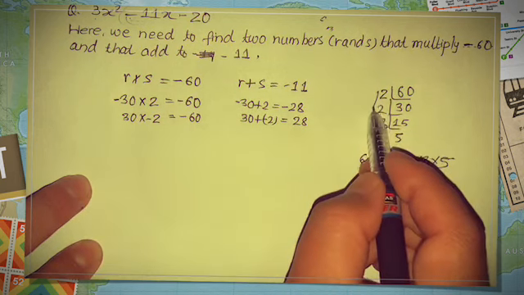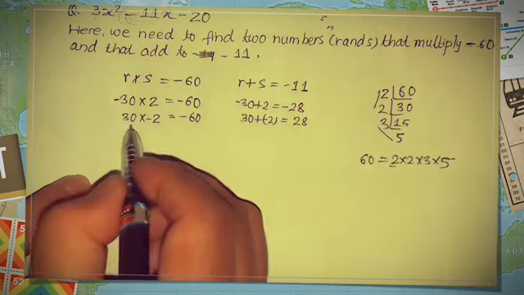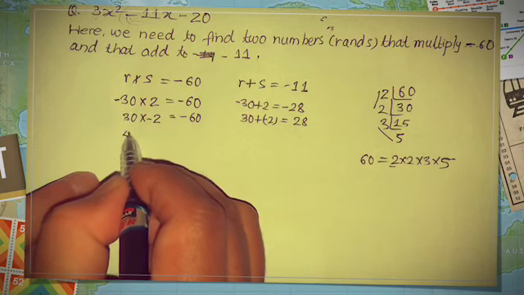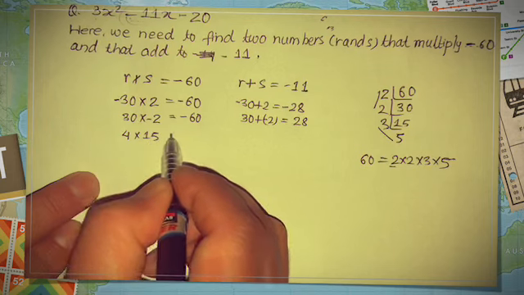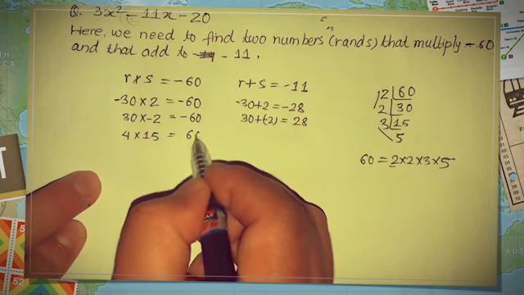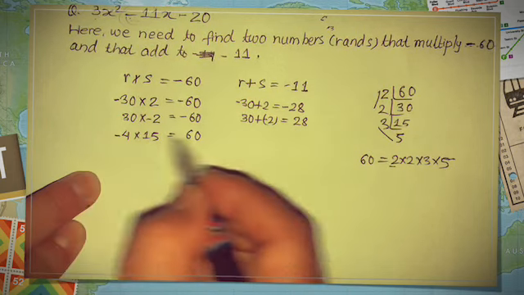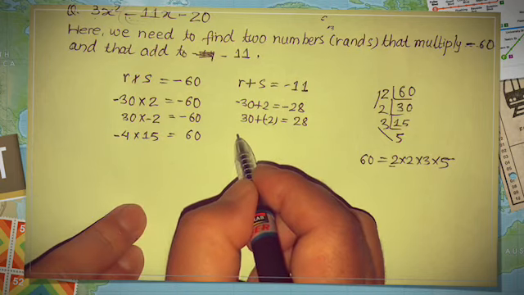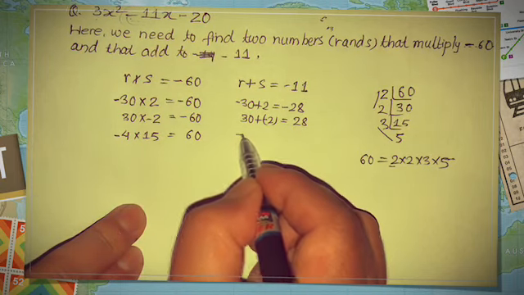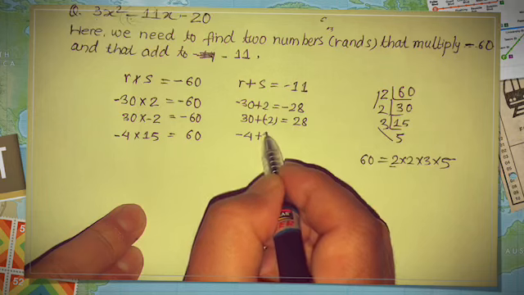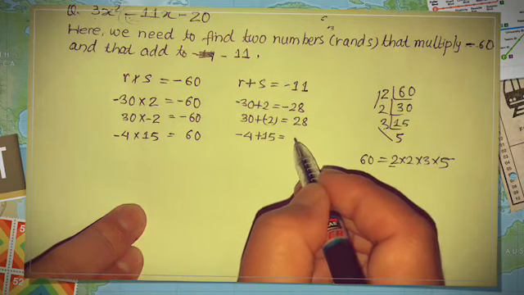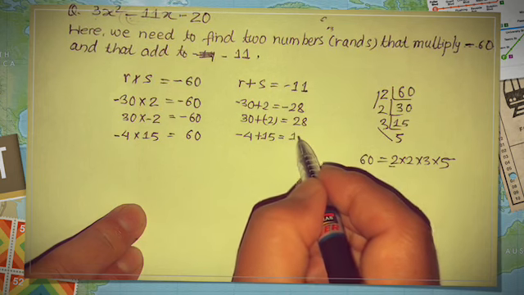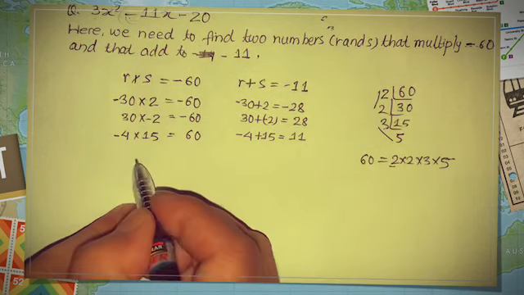Another, 2 2 makes 4, 15 times 4, yes, so 4 times 15 is 60, so one of the numbers will be minus. So what is their sum now? Their sum is 11. So this is not what we wanted.